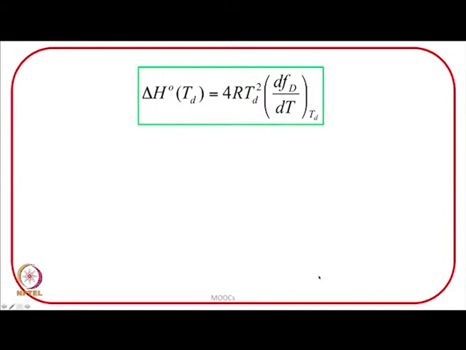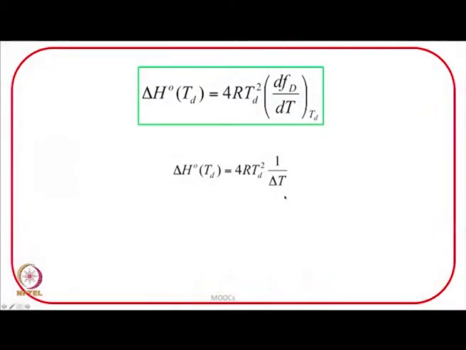Another form of writing is delta H naught at Td equals 4R Td square over delta T, that is, 1 over delta T. What is this delta T?